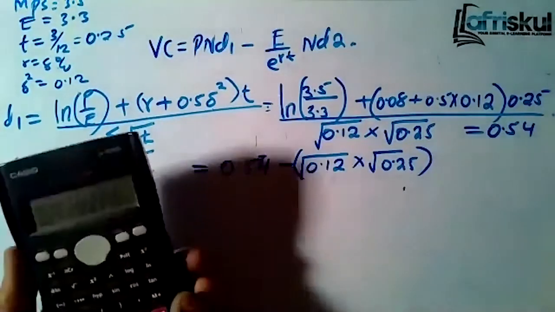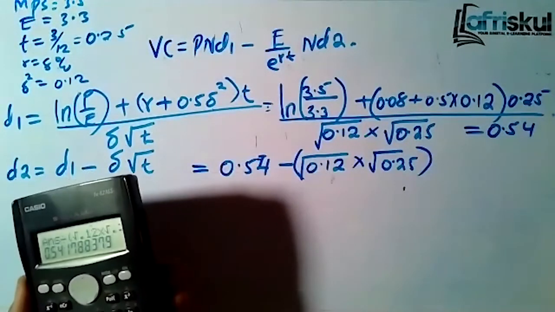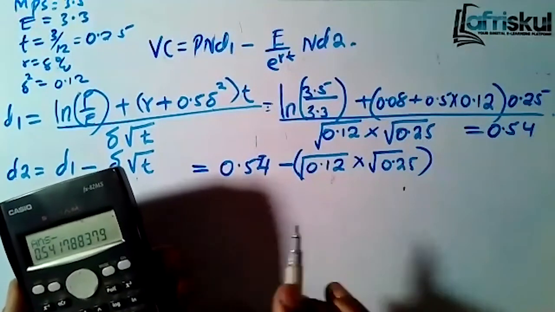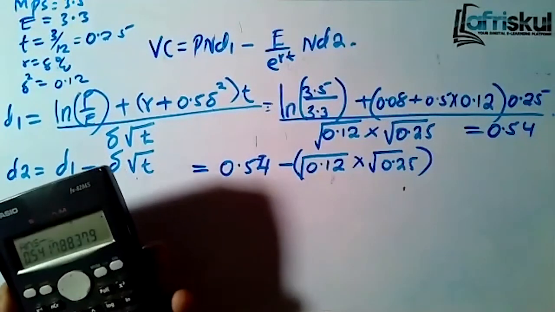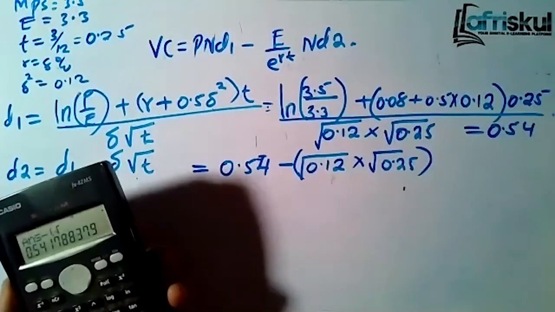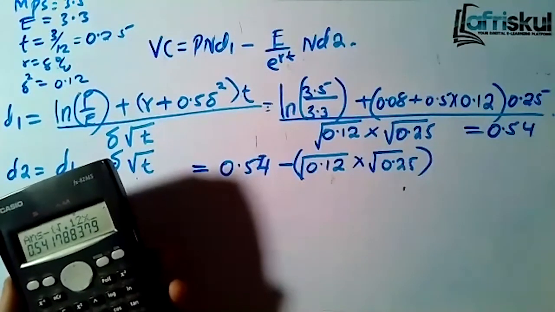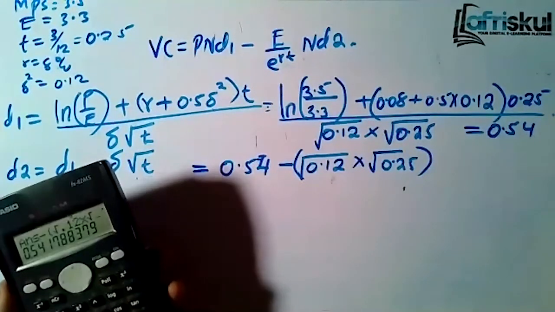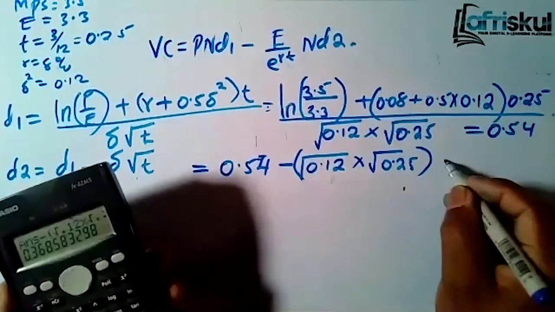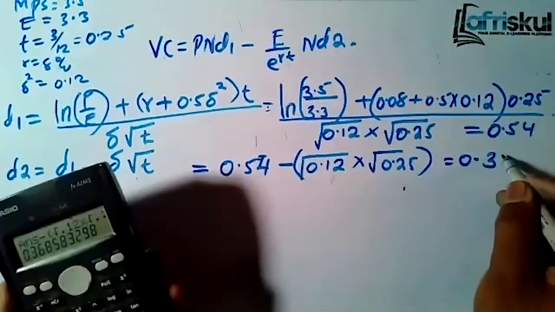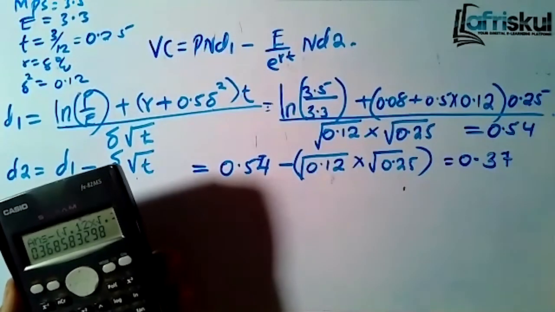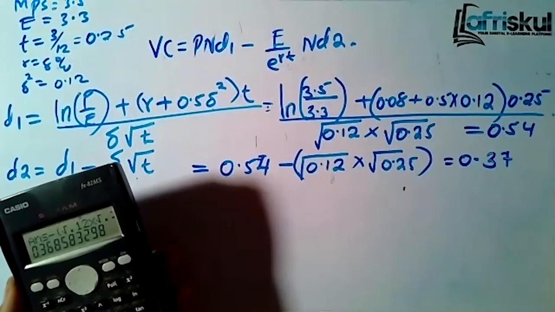So you take 0.54, what you have gotten, minus, open the bracket, square root of 0.12, you multiply by square root of 0.25, close the bracket. With that, you get 0.3. We have said that always round off to two decimal places, so it will be 0.37. Good.